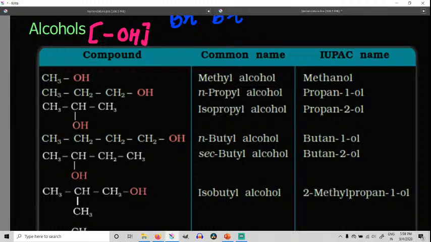Because e and o are both vowels, and two vowels cannot come together, so we have to remove e from here. Then why ol? Because ol means alcohol. Understood? If OH is attached, which functional group is attached? Alcohol. So you can note down: root word plus an plus ol will be the rule for giving IUPAC name for alcohols.